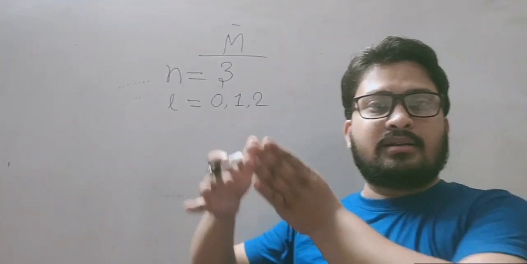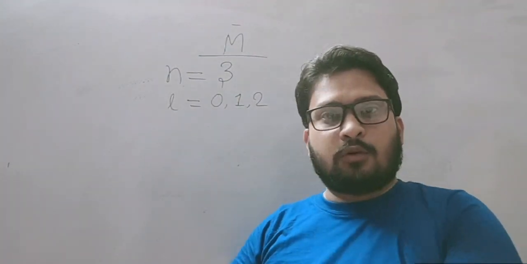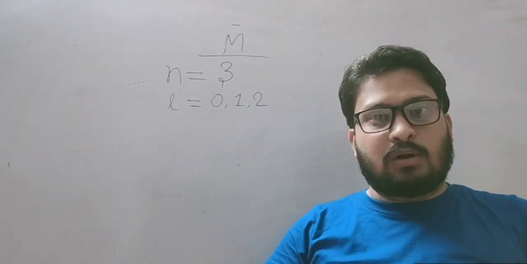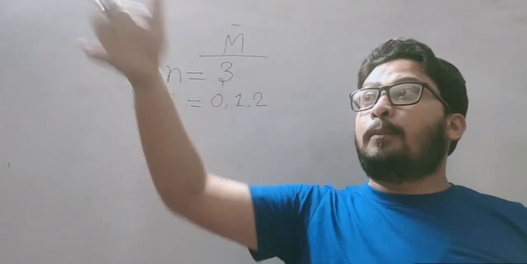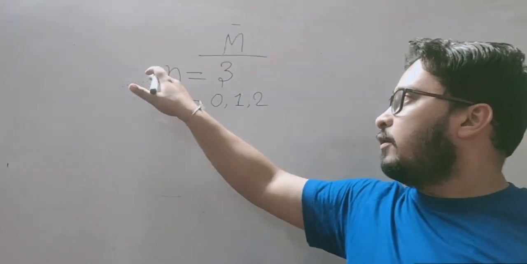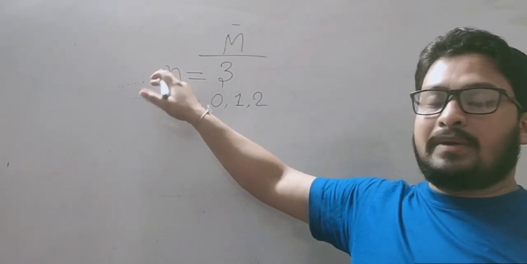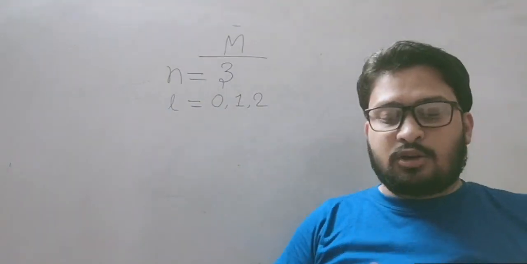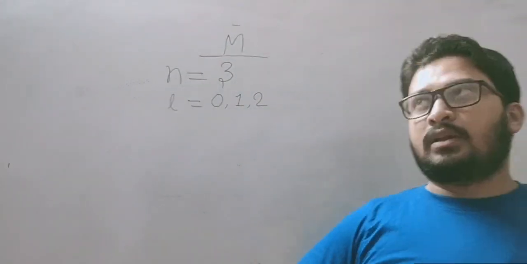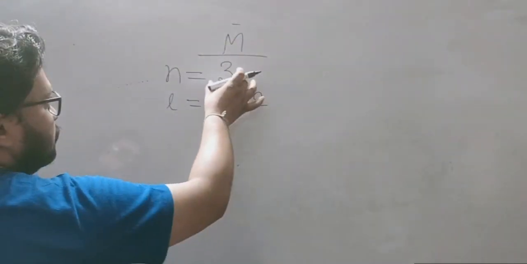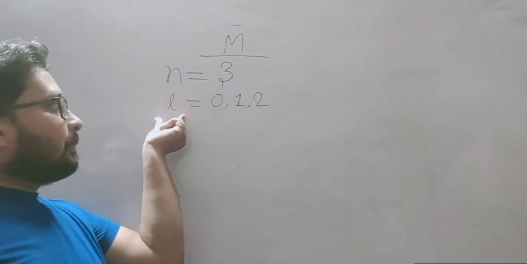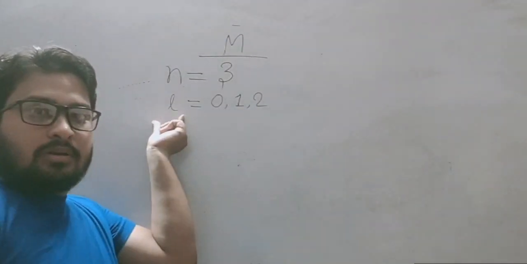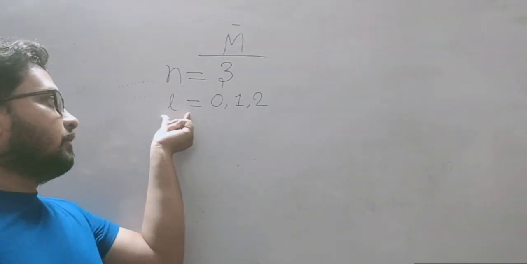If n equal to 6, you can write 0, 1, 2, 3, 4, 5. If n is 7, you can write 0, 1, 2, 3, 4, 5, 6. If n is equal to 8, you can write 0, 1, 2, 3, 4, 5, 6, 7. So here the value of n is equal to 3, so you can write the value of l as 0, 1, 2.